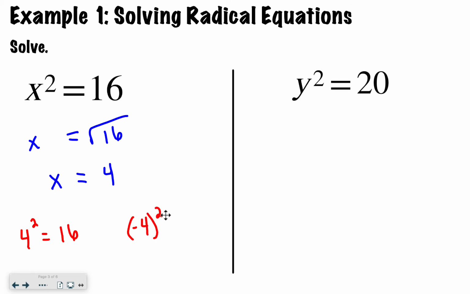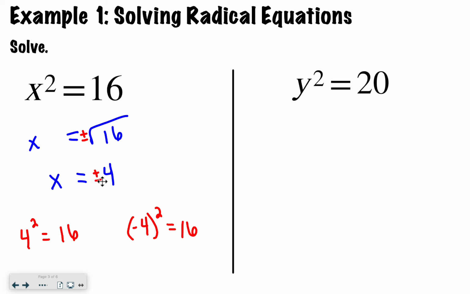The reason a negative 4 squared is 16 is because a negative times a negative is a positive. So when we're solving these, we can't just say x equals the square root of 16. We have to say x equals plus or minus, meaning the positive number or the negative number.